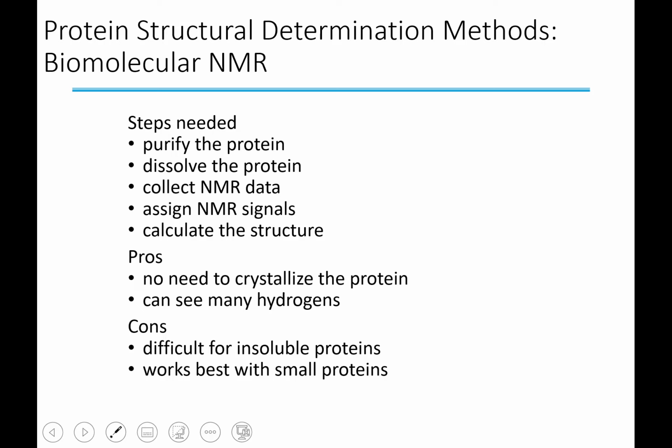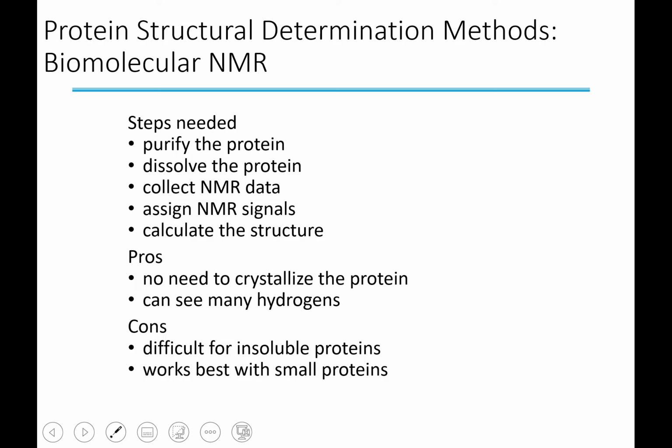There are some techniques where the NMR structures of membrane-bound proteins are done, but it's trickier. You tend to think of your protein has to be in solution to do NMR on it. Okay, you collect NMR data and assign NMR signals, and then you calculate the structure.